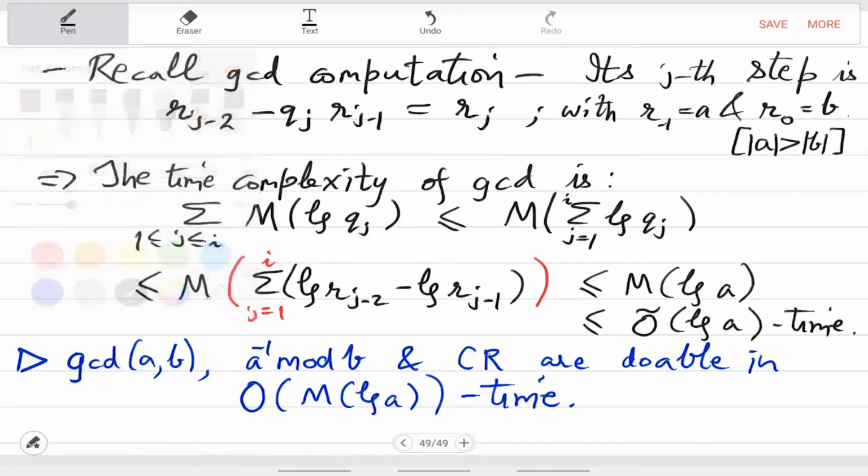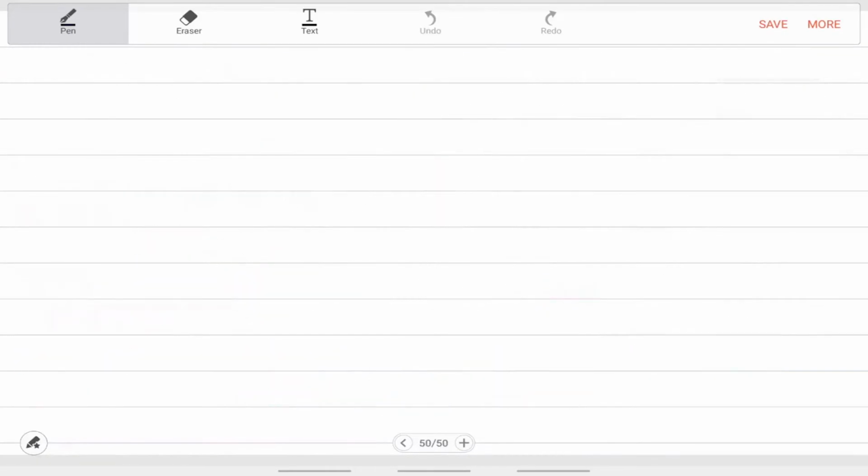We want to make that multiplier log n times log log n. So we'll see a simple modification of the integer multiplication algorithm that you have seen that gives us that. So let's revisit that algorithm.